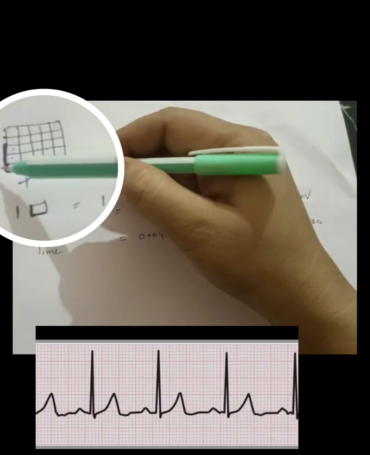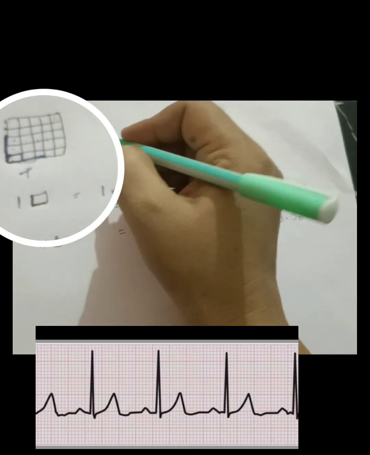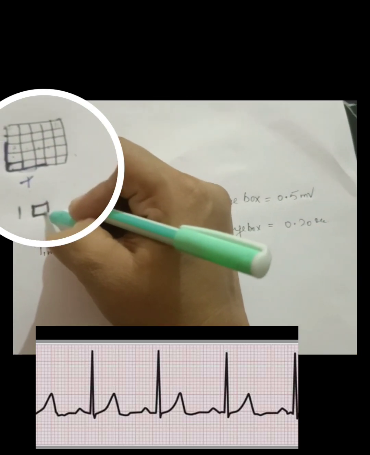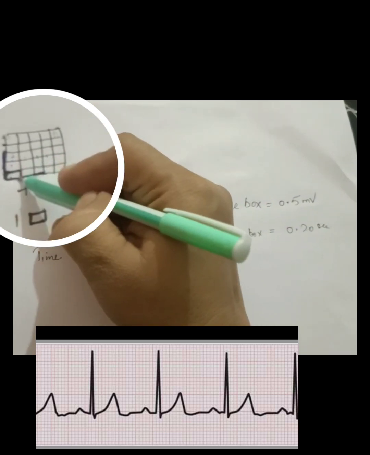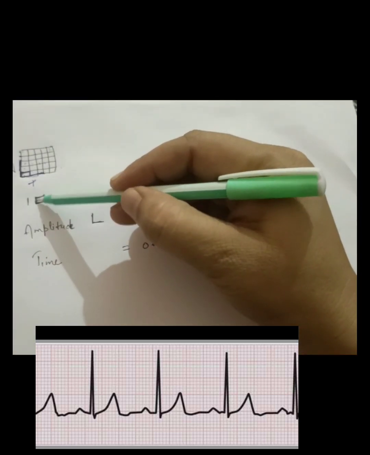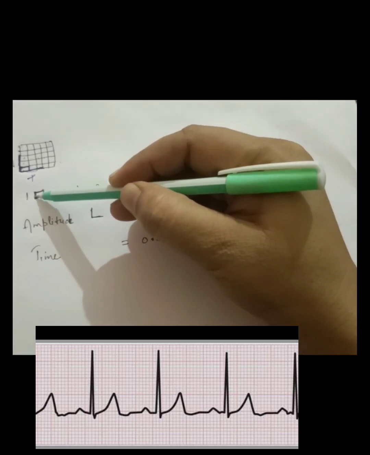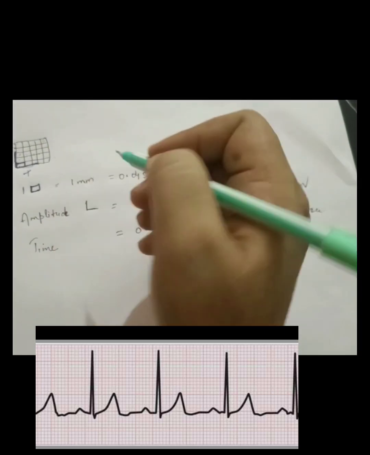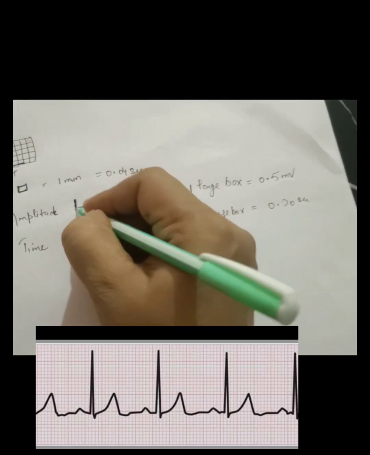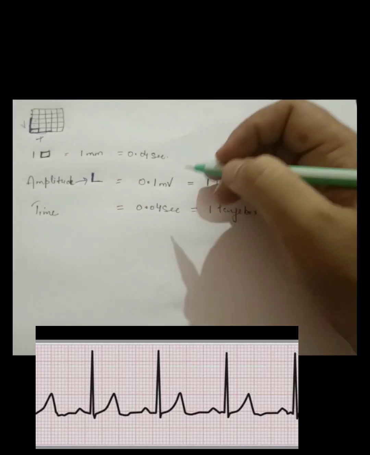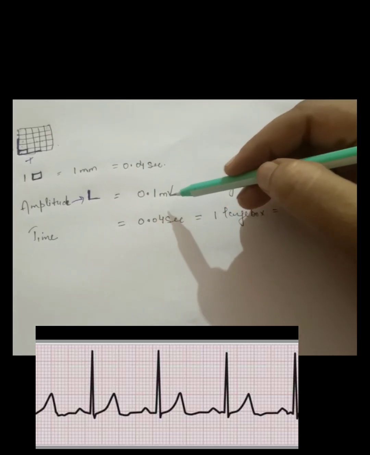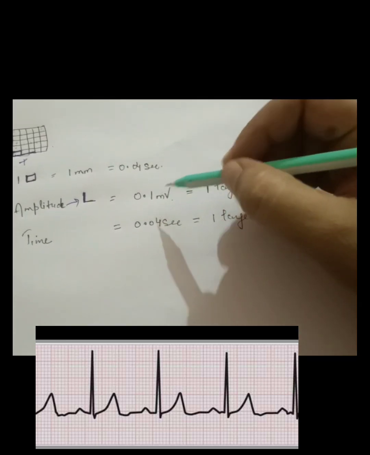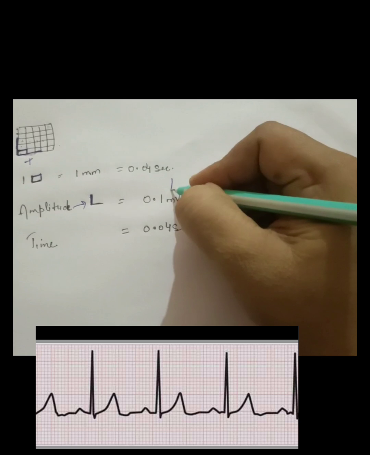If we take just the small box, and take the vertical side as the amplitude, then we have 0.1 millivolt in the small box.